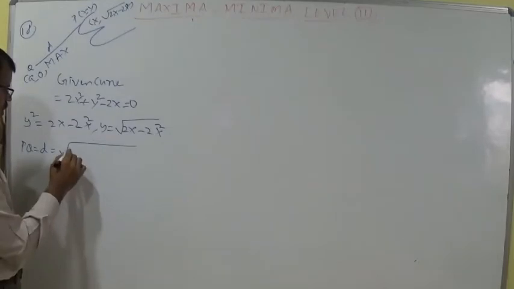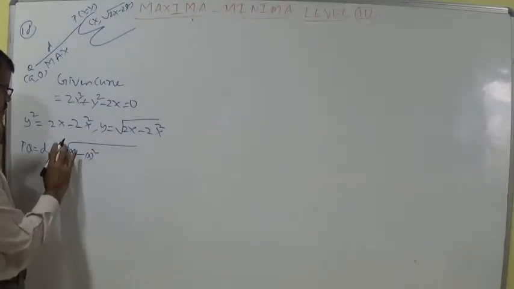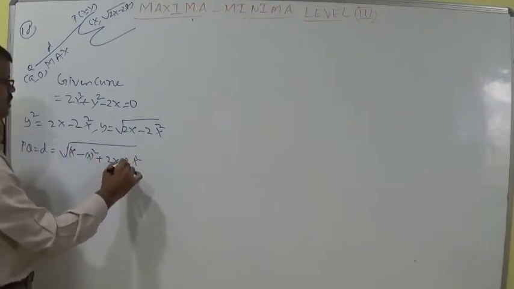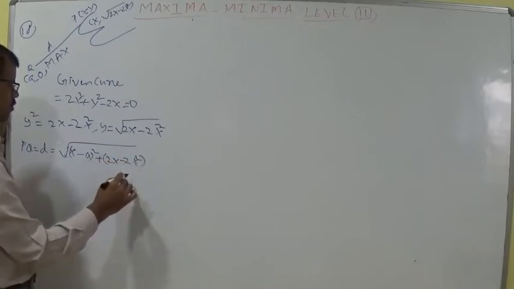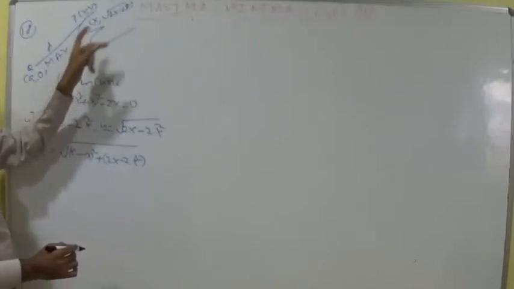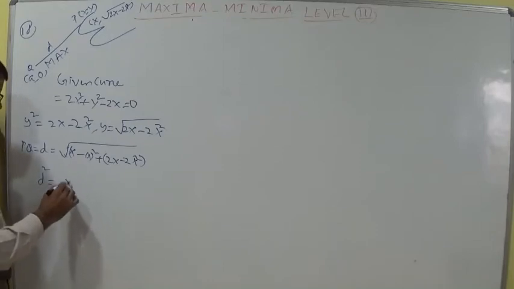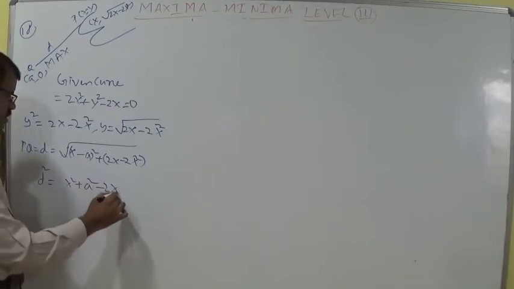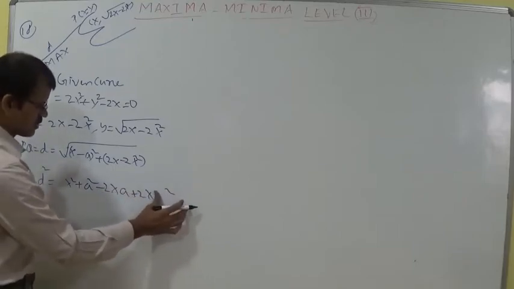Distance between 2 points, we can write square root of x minus a whole square plus square root of 2x minus 2x square minus 0 whole square. Root got cancelled, here root and square got cancelled. I am writing D square. D square is equal to, expanding like this, x square plus a square minus 2xa plus 2x minus 2x square.